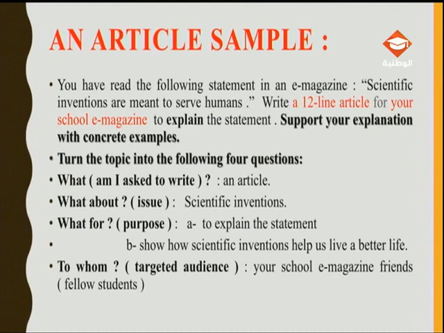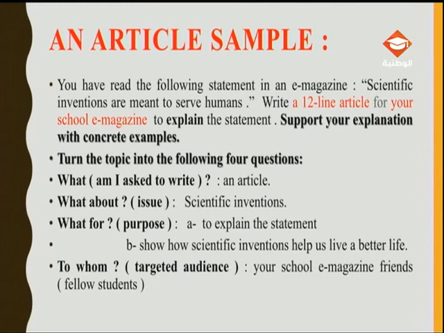Support your explanation with concrete examples. So, earlier I tried to explain, I gave you the questions, so here is the sample. How am I going to turn the topic into 4 questions? I have to answer these 4 questions.